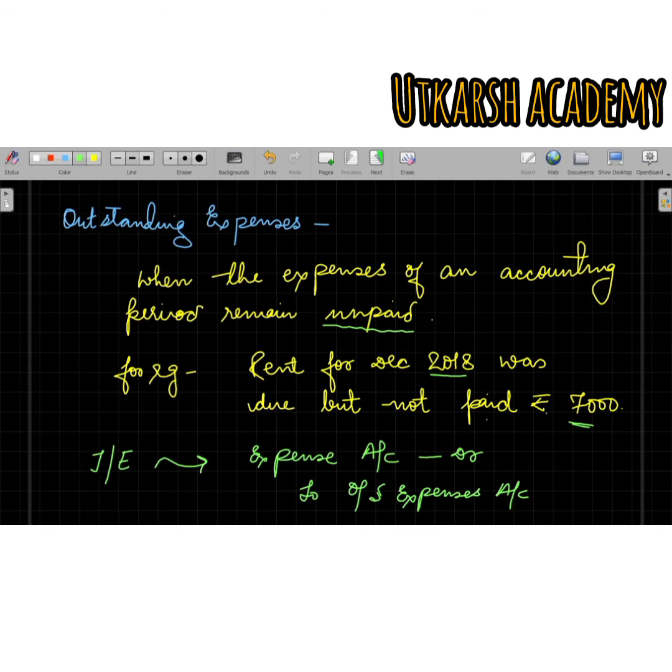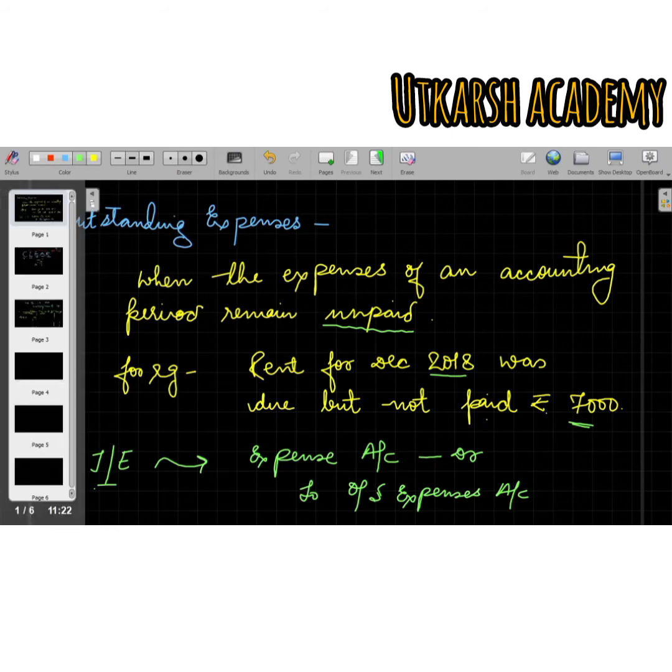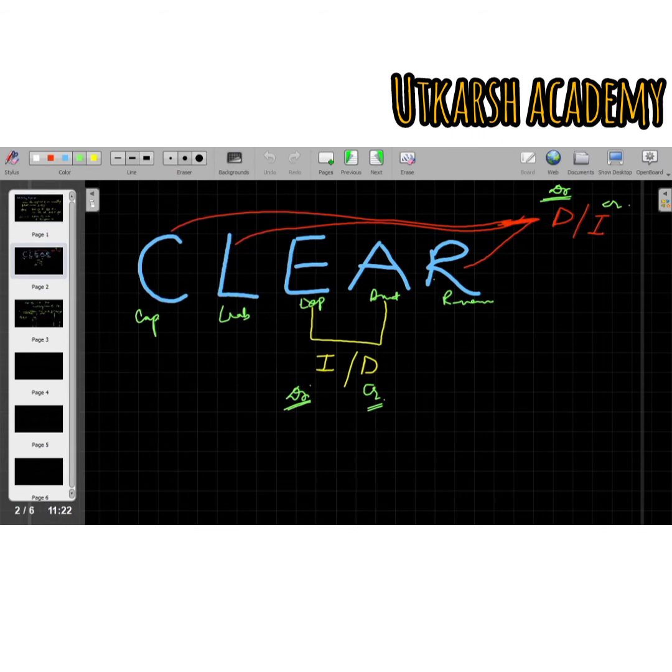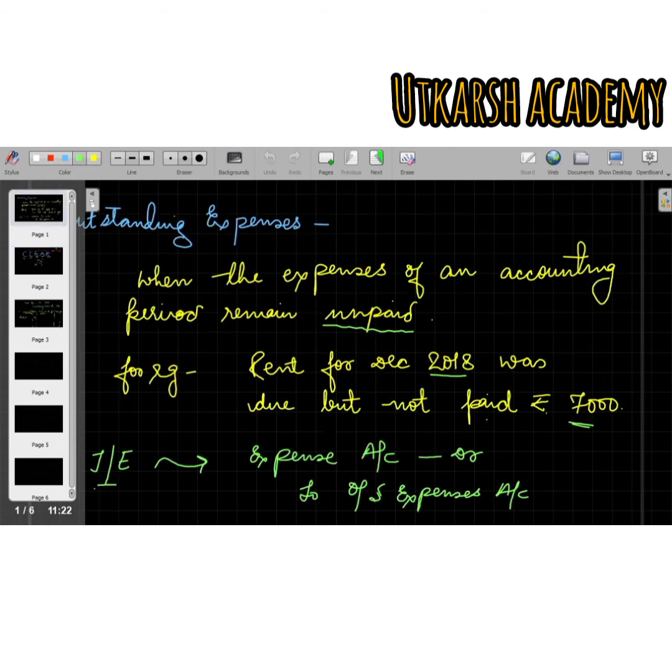So what will be the journal entry of the outstanding expenses? Expense is increasing. As we have said, if expense increases, we show it on the debit side. So expense is increasing, we will show it on the debit side.